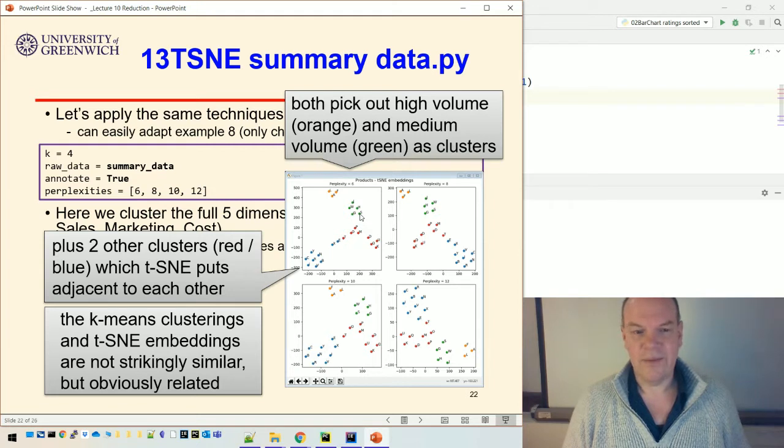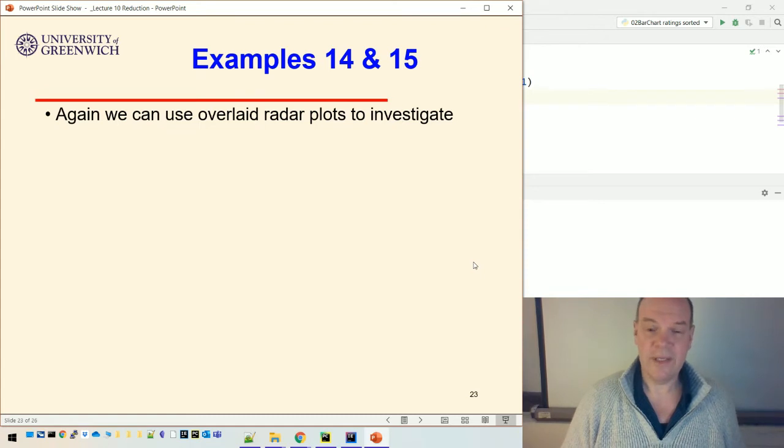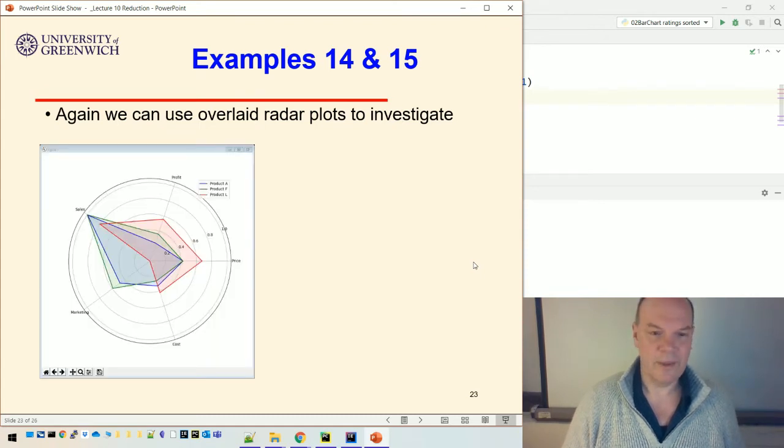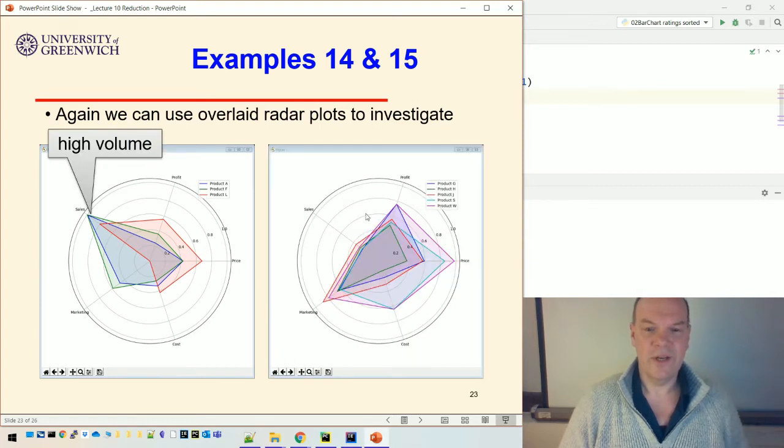These two other clusters, the red and the blue ones, which tSNE sort of puts adjacent to each other. So it looks like here they're kind of next to each other, here they're next to each other. What are those? Again, if we use this technique of overlaid radar plots, there's the high volume products. And so the thing that's driving that cluster seems to be the sales, the high volume sales. The thing that's driving this one seems to be medium volume sales.